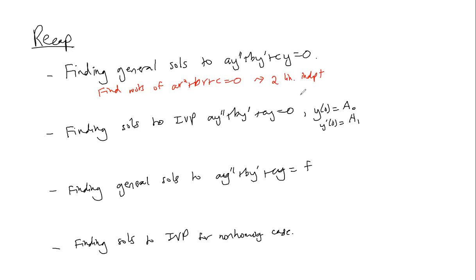If there are distinct roots, you get e to the r1t, e to the r2t. If they're the same, you get e to the rt and t e to the rt. And if they're complex, you get these cosines. That should be it. So this is something we talked about last week or so.